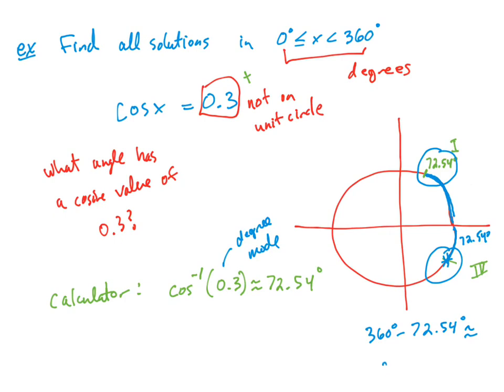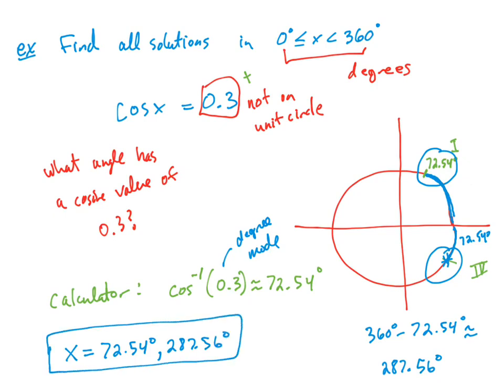And we get 287 point, let's call it 46 degrees. Okay, so when it's all said and done, the two angles are 72.54 degrees and 287.56 degrees.